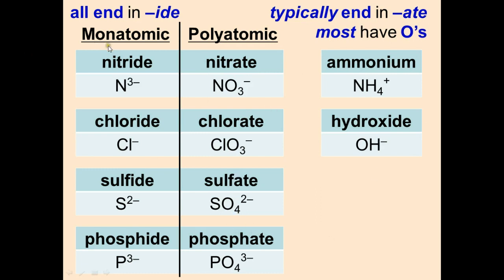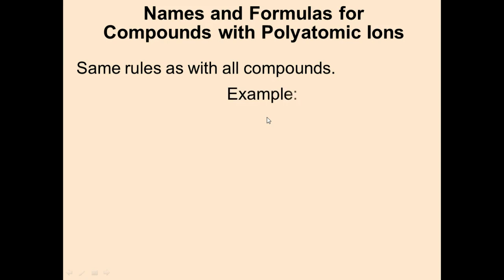And then monoatomic ions, like normal, are only one atom, and you can figure it out from the periodic table. But for these, you'll be given a chart with all their charges. And so they have pretty much the same rules.